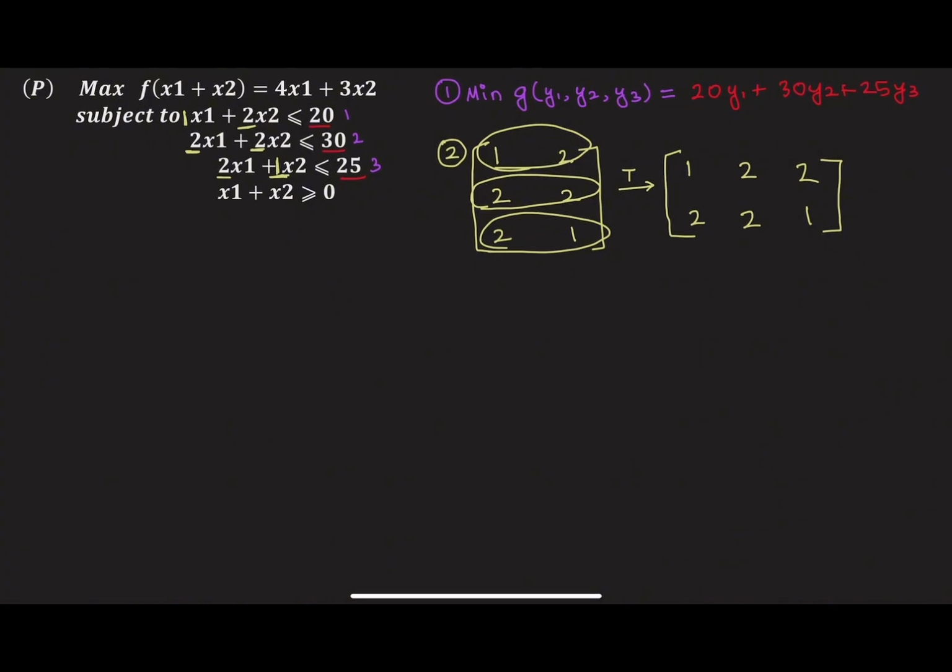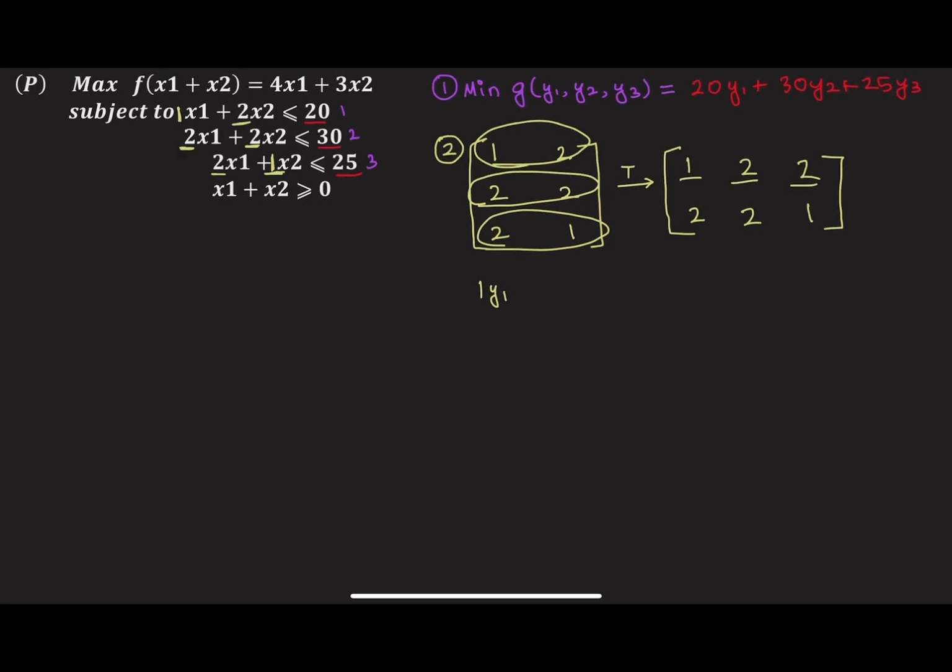So it will be 1 y1, plus 2 y2, plus 2 y3.